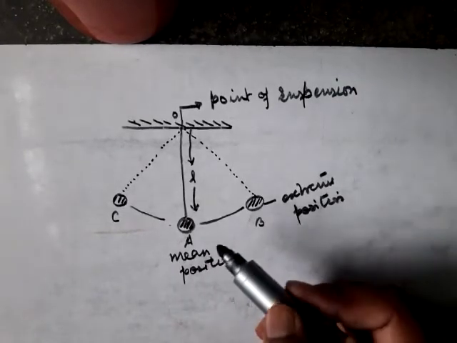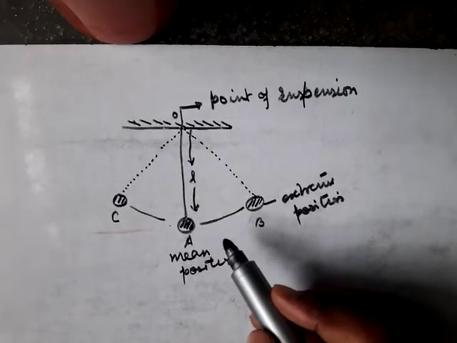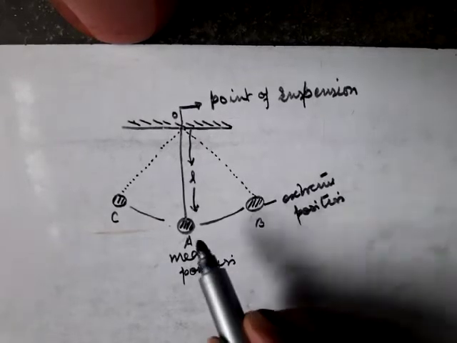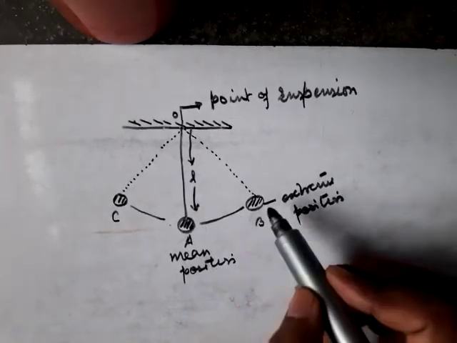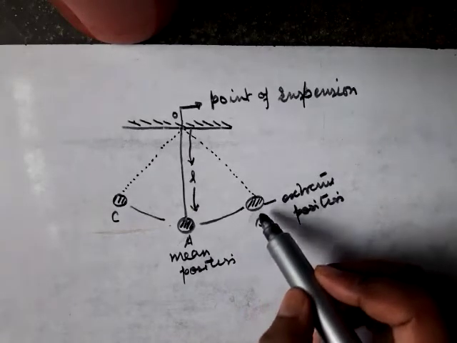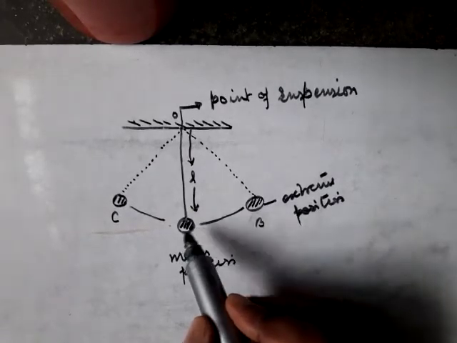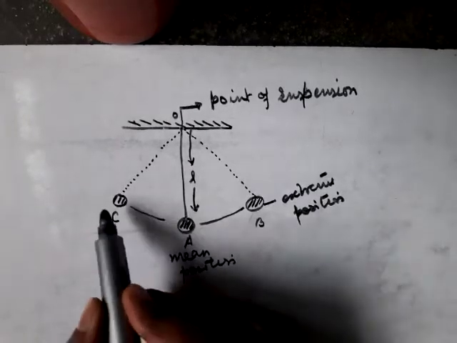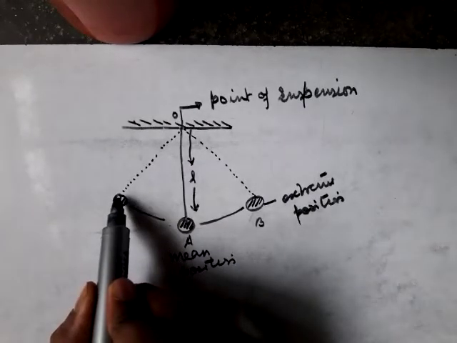When we take this bob to position B and allow it to swing, it will come to the mean position. After that it will go to AC, which is again an extreme position.